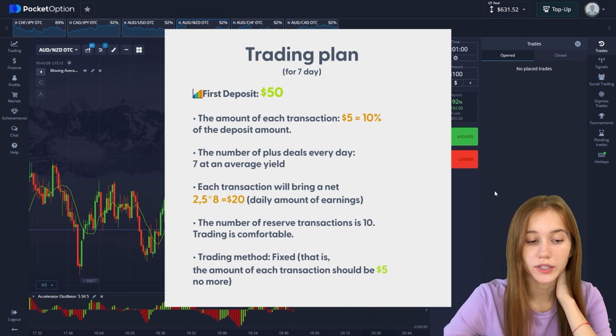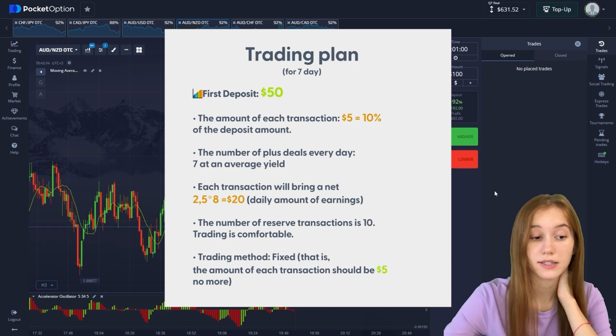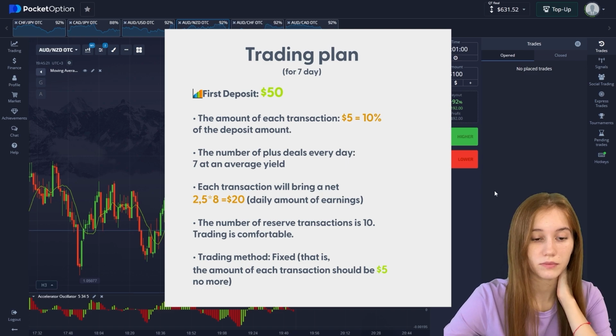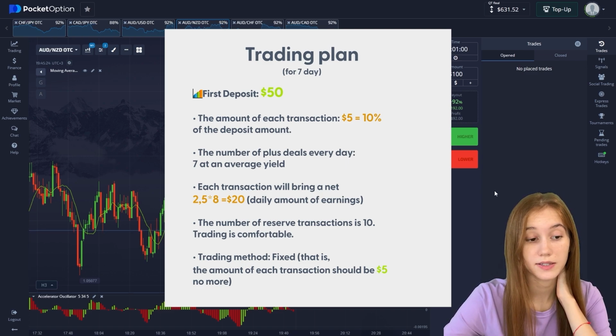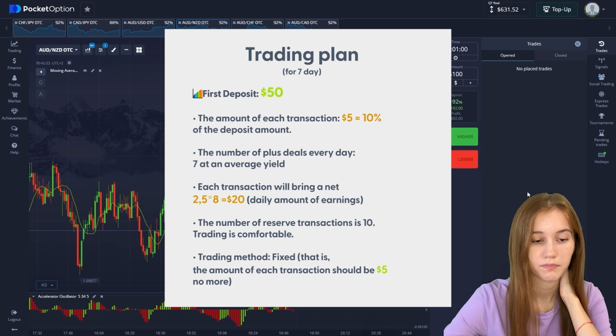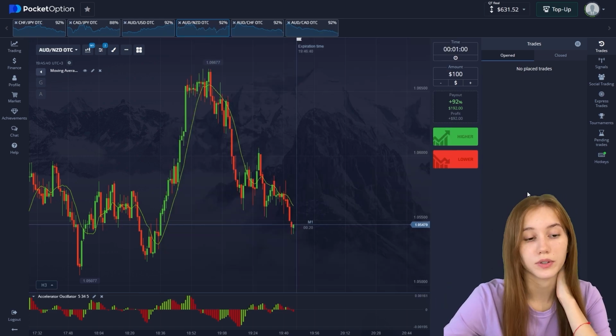Each deal brings you a net of $2.5. This is at least 50% of each deal. So it's quite good, it's convenient. It's a fixed method. The sum of each deal should be no more than $5. So income maybe $200 you can get.